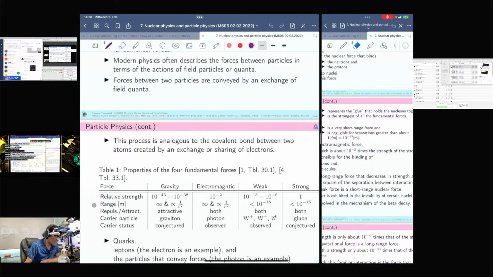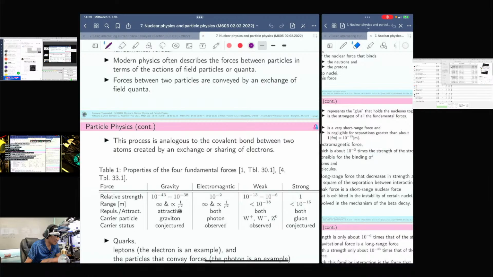Let's take a look at the aspect of range for all these four fundamental forces. The range for the gravitational force is infinite. You can get the gravitational force when you are extremely far away from the source of that object or particle. The electromagnetic force too. You could still get the electromagnetic force once you are very, very far from the source of the electromagnetic wave.